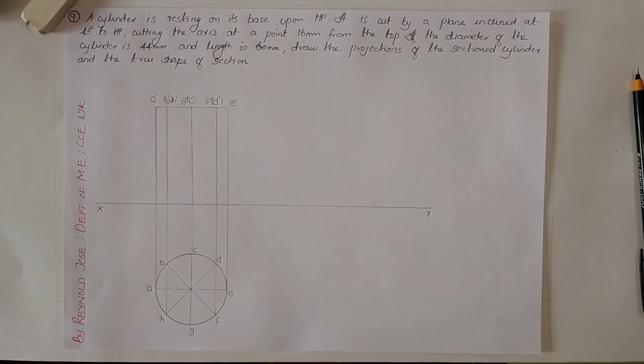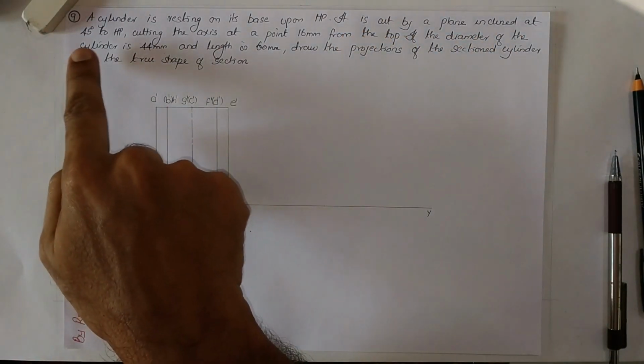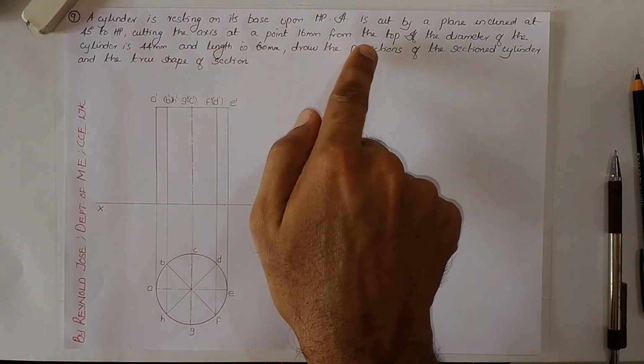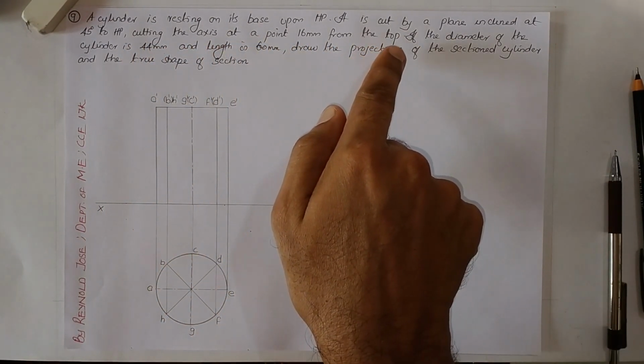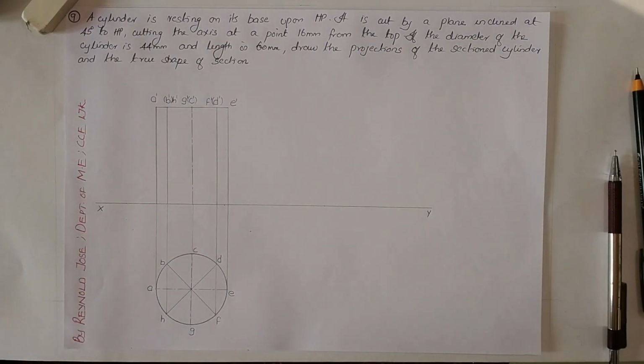After drawing the symbol front view and symbol top view, let us locate the section plane. It is cut by a plane inclined at 45 degrees to HP, cutting the axis at a point 16 mm from the top. Any angle mentioned with respect to HP will be visible only in the front view.